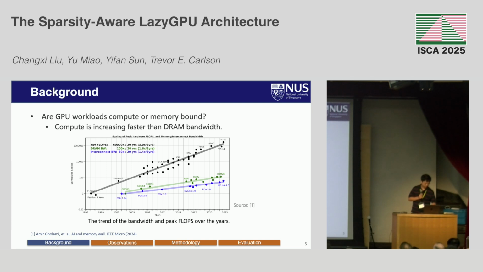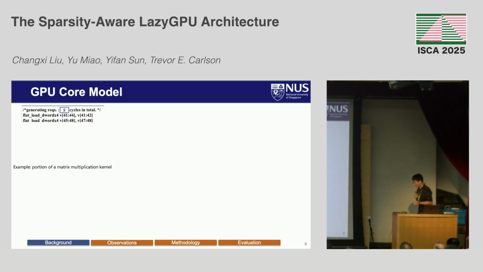So let's give one example of what GPU workloads look like when executing if they are totally memory bound. Here is a portion of a matrix multiplication kernel. We first execute 2 load instructions, which require 8 cycles to issue these memory requests.